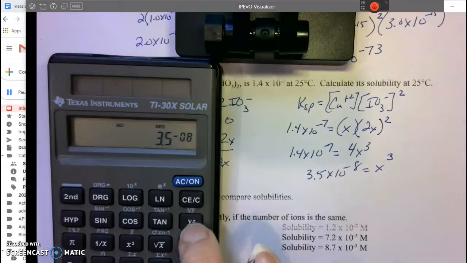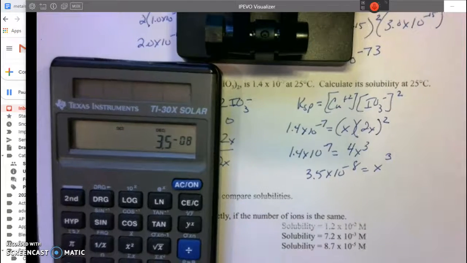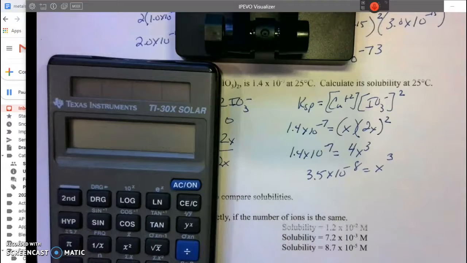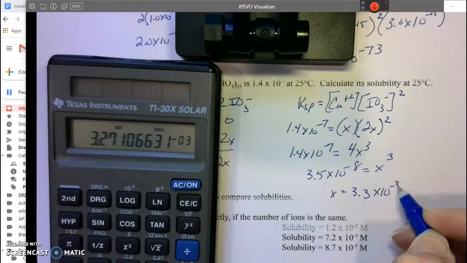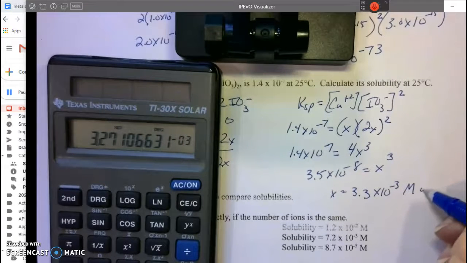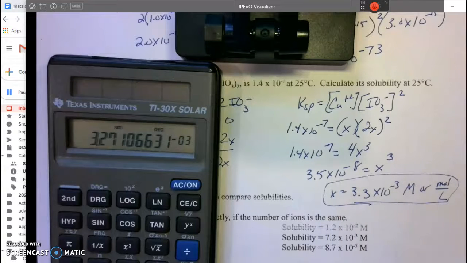And if you've ever noticed this button, you're going to have to do the second function to get to that and do the cube root of that. And that gives me 3.3 times 10 to the negative 3rd. And this one, because it's concentration, will be M or moles per liter. So that will be the solubility of that substance.